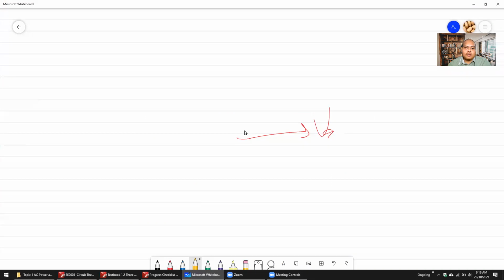Then you have another wire here, yellow, and another wire here, blue, VC. So this one is 120 degree, 180 degree, sorry, and 120 degree, and this one is 120 degree.